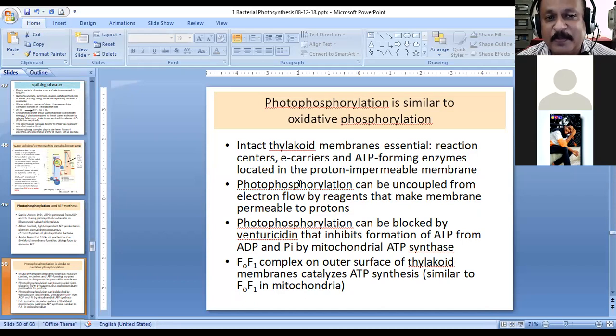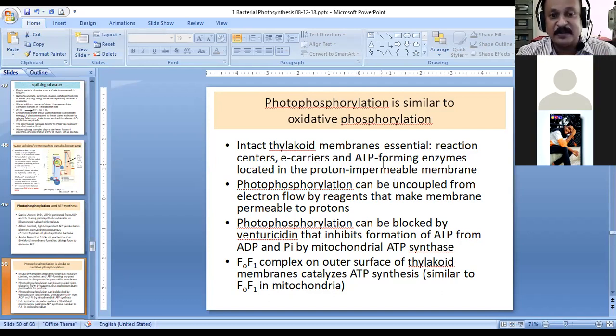So if the membranes are damaged, then although photosynthesis may take place, that is electron transport may take place, ATP production will not happen. So these are similarities between the mitochondria and the chloroplasts, that is respiration and photosynthesis.